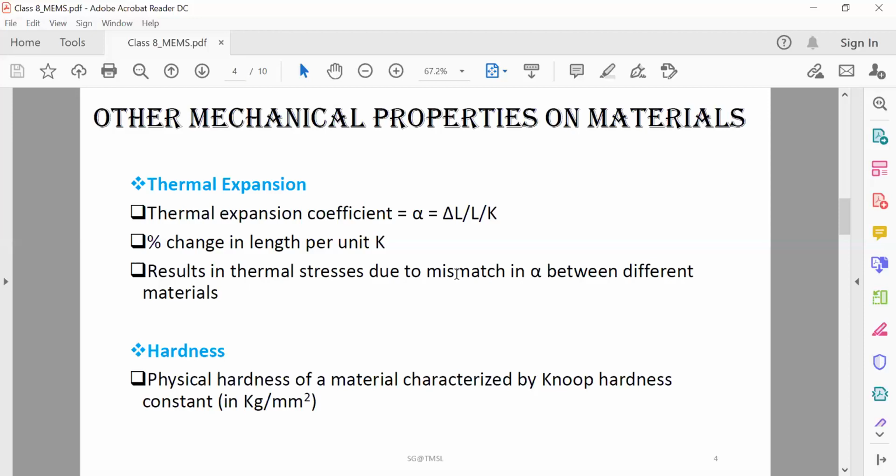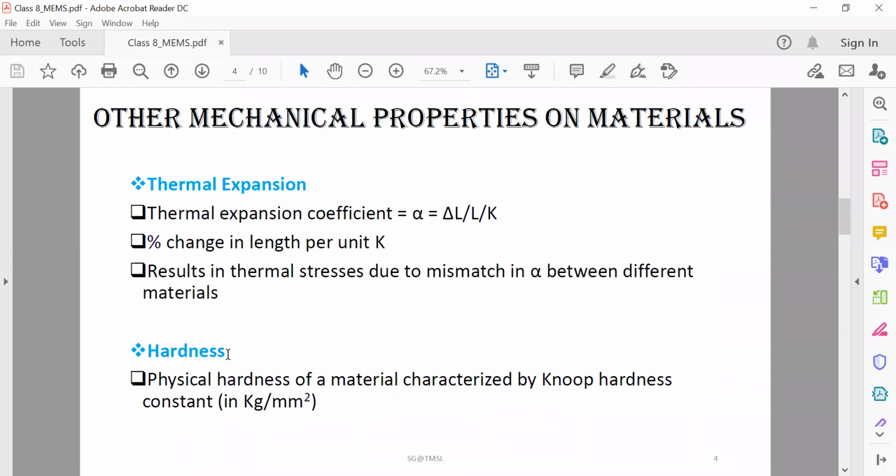Okay, next is hardness. Hardness is another mechanical property. Physical hardness of a material is characterized by the Knoop hardness constant. You can check it on the website; I will not discuss it in detail. It's a testing method for hardness calculation, and it is in kg per millimeter square.